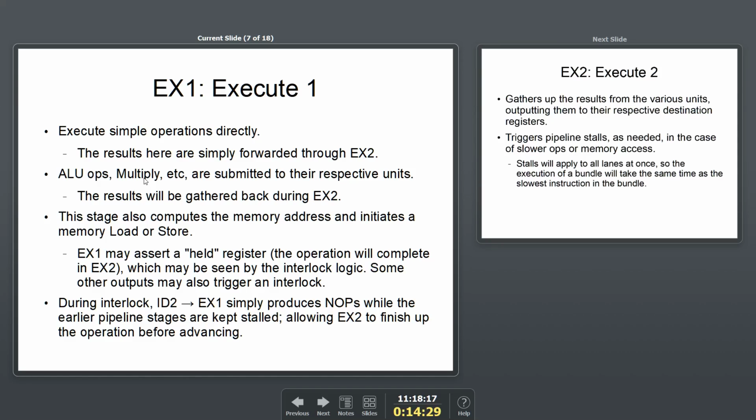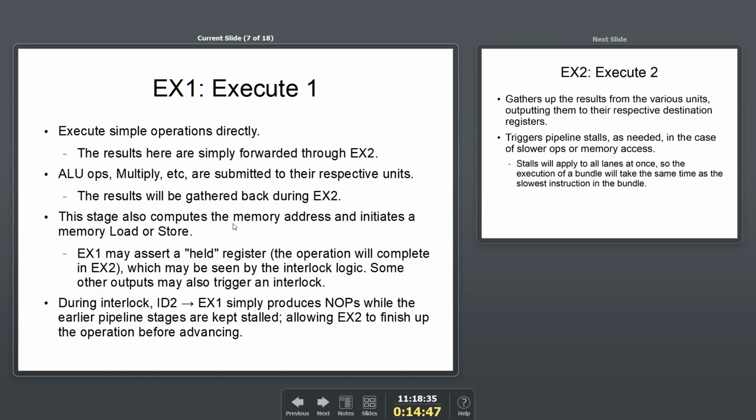But such as timing on an FPGA. So results are gathered back during EX2. Straightforward enough.